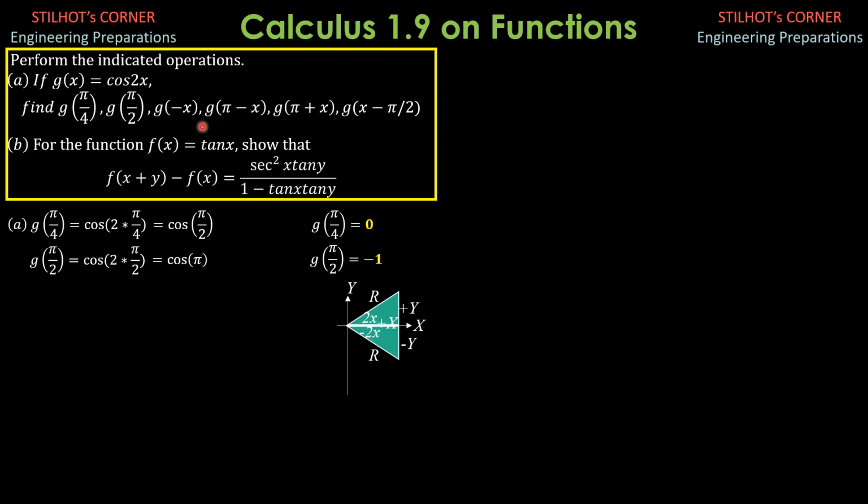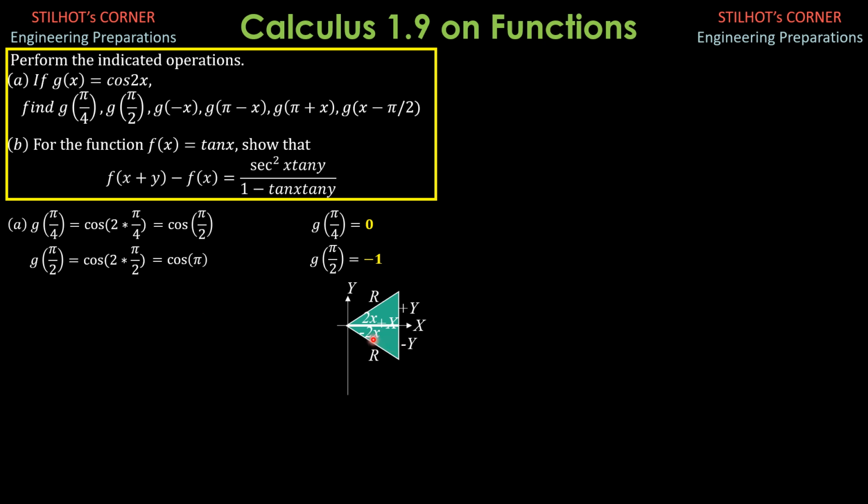So if you have negative 2x as an angle, it lies in the fourth quadrant. X is always positive in the fourth quadrant and in the first quadrant. In the fourth quadrant, y is negative. With our experience in the past videos, remember that cosine function is even and sine function is odd.